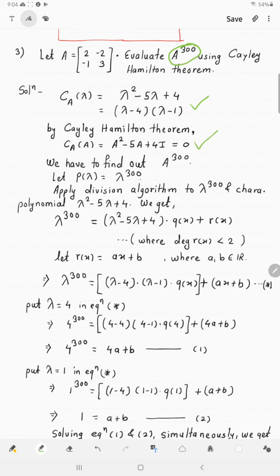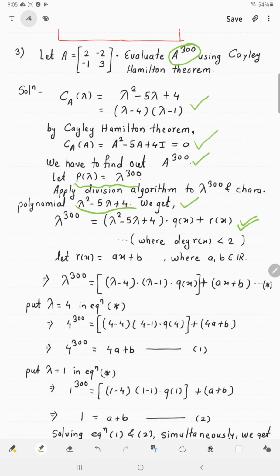Using the Cayley-Hamilton theorem, we have ca of A is 0. Now to find A raised to 300, we let some polynomial p of lambda equal to lambda raised to 300. Now we apply the division algorithm to lambda raised to 300 and our characteristic polynomial lambda square minus 5 lambda plus 4. We don't have to calculate, we have to do it as it is.